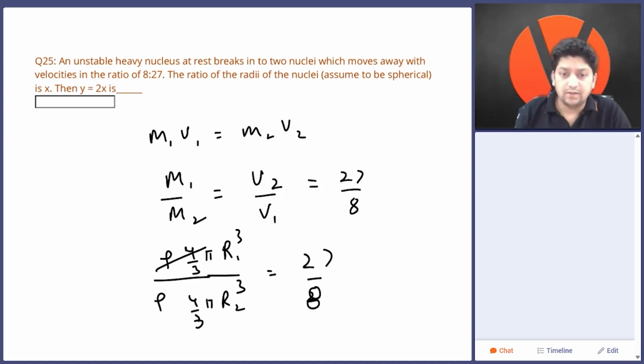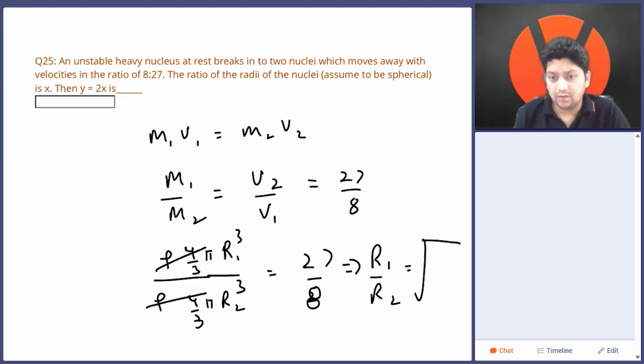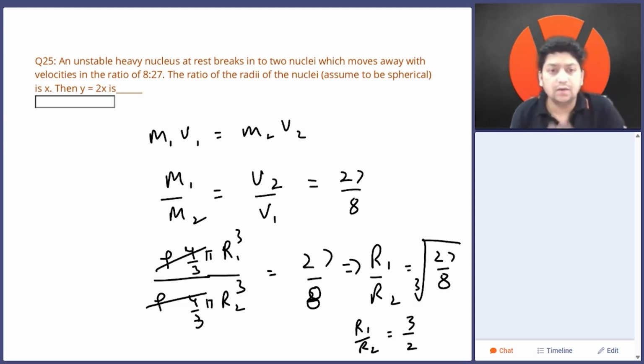So 4 by 3 pi rho will cancel out, so r1 by r2 will be equal to the cube root of 27 by 8. So r1 by r2 is equal to 3 by 2. The ratio of radii of the nucleus is x. The ratio of radii.